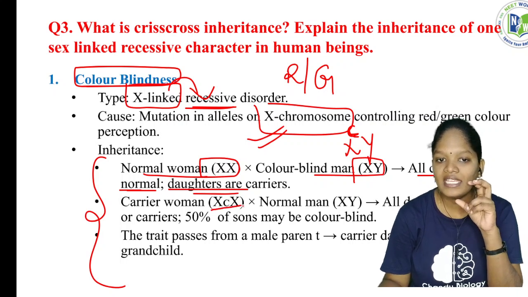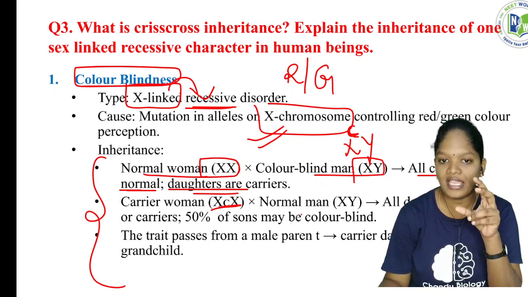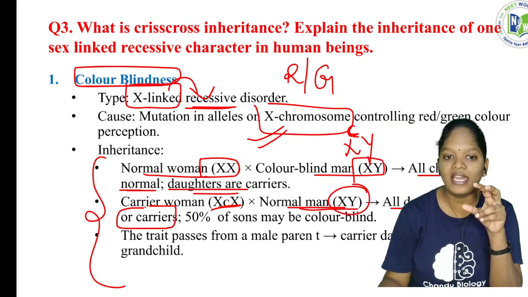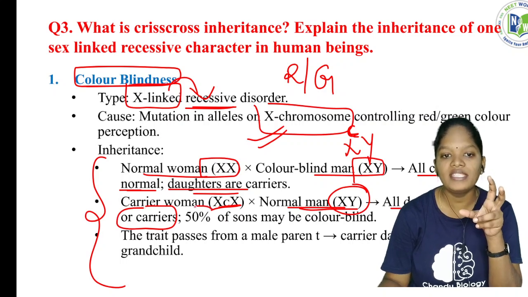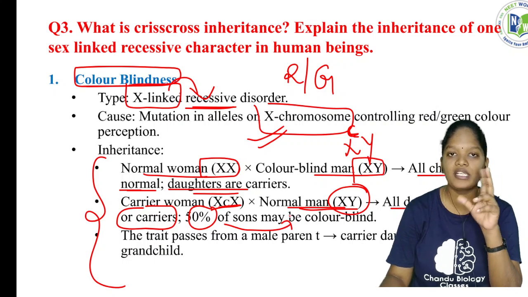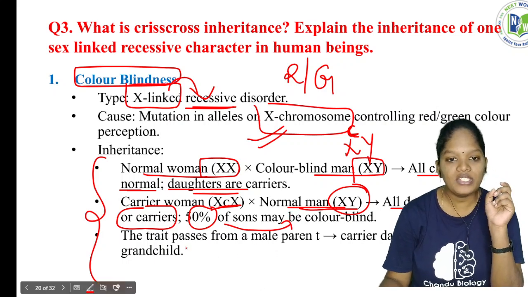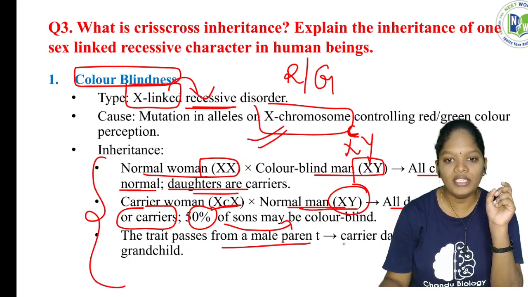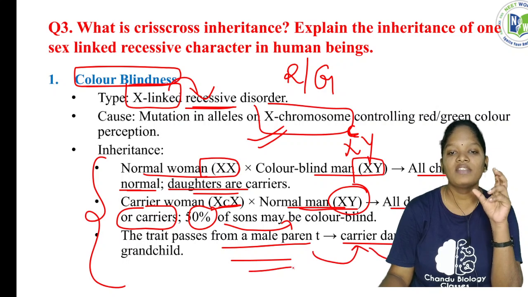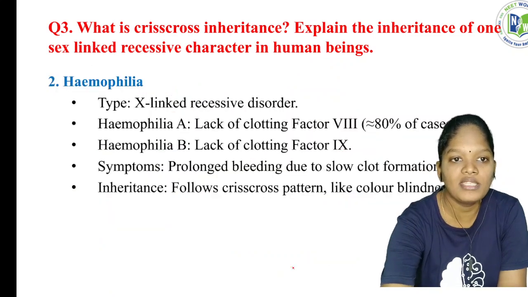Whenever there is a carrier woman, X^C X, and a normal man, all the daughters are normal or carriers, and 50% of the sons may be color blind. You can cross these two. The trait passes from the male parent to the carrier daughter and to the male grandchild. This is what I explained in the previous part.